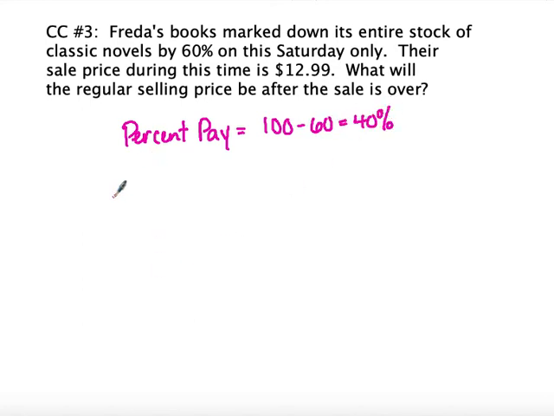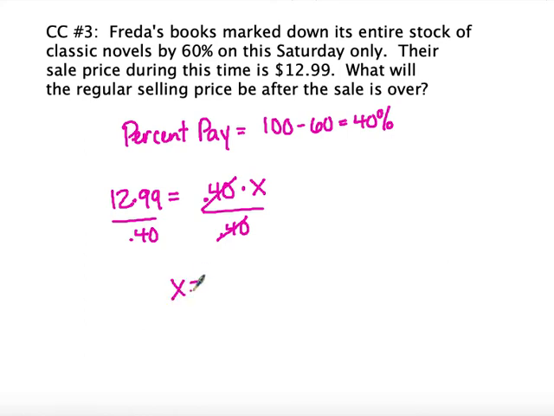So that means that $12.99 was 40% of the original price. So we're going to divide both sides by 40%, always making sure that you write that as a decimal. And we will find that the original price of those books was $32.48 each.